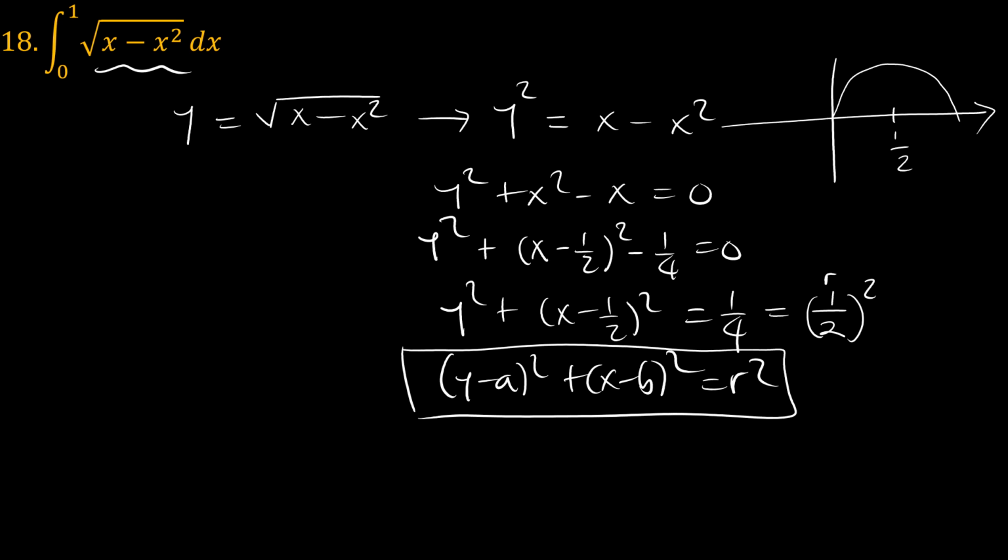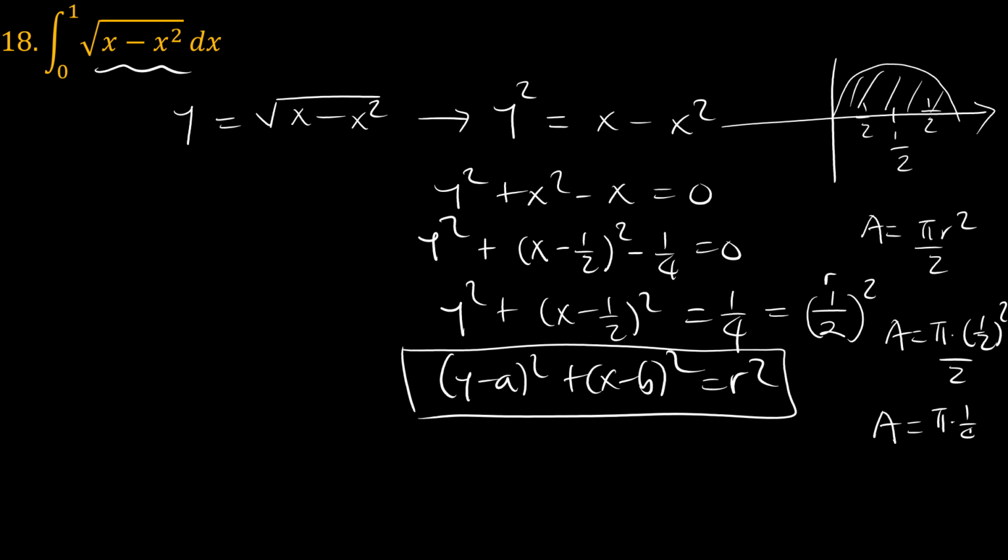So we have a half here, and the area of a circle is equal to pi r squared, but we are looking at the top part only, so over 2. So the area is equal to pi times a half squared over 2, which is pi times a quarter over 2, which is pi over 8.